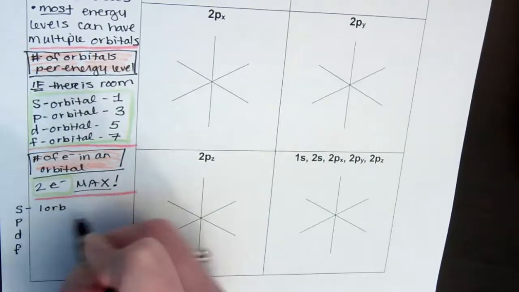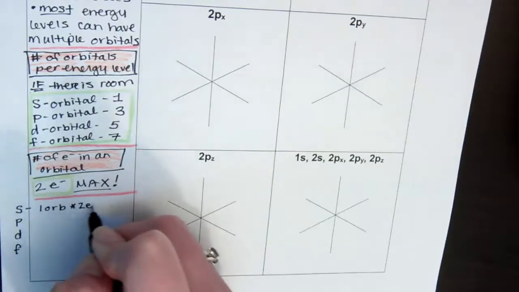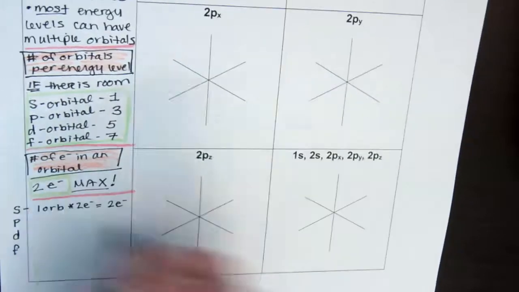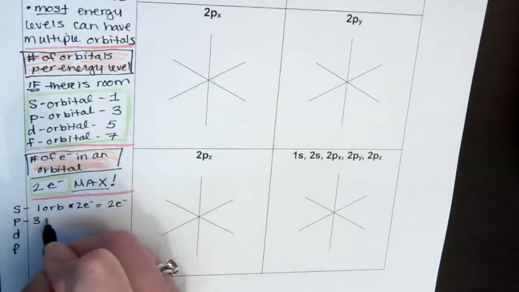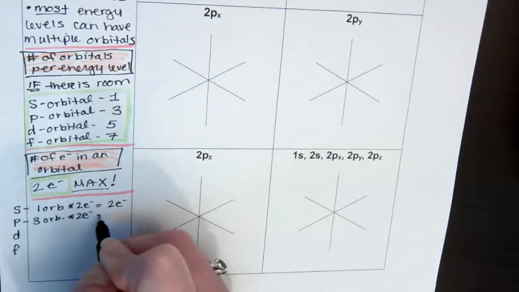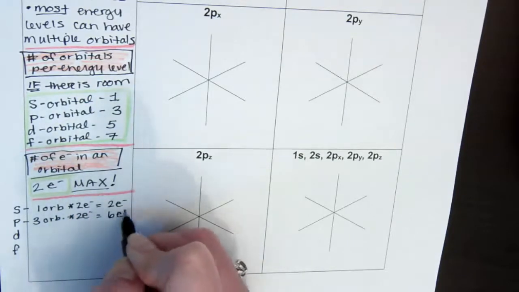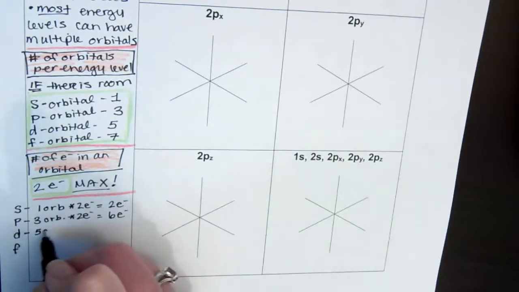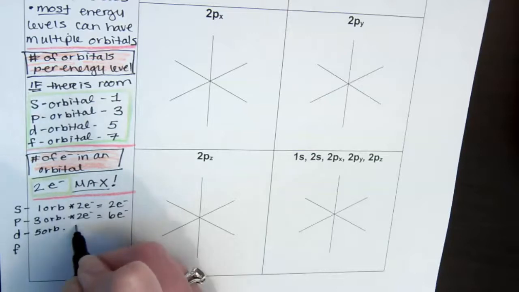one orbital each can hold 2, so that's a total of 2 electrons. We can have 3 p orbitals at a time. They each can hold 2, and that's a total of 6. A d orbital, we can have 5 of those at one time.